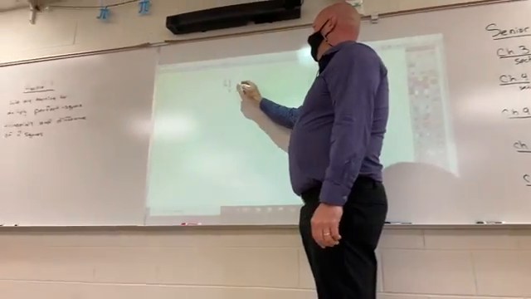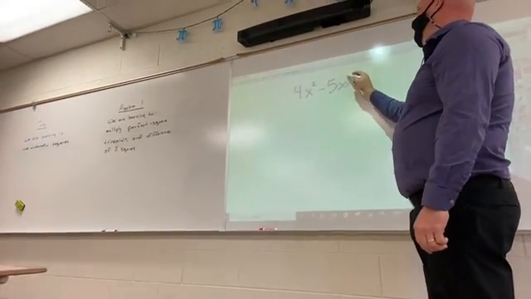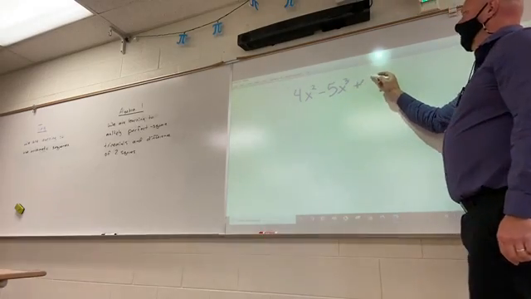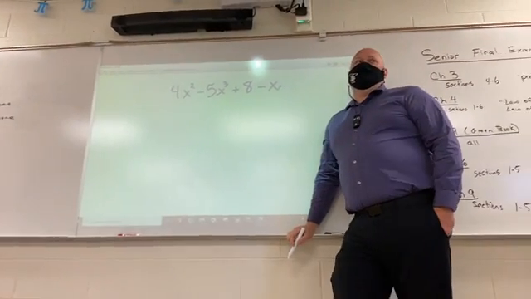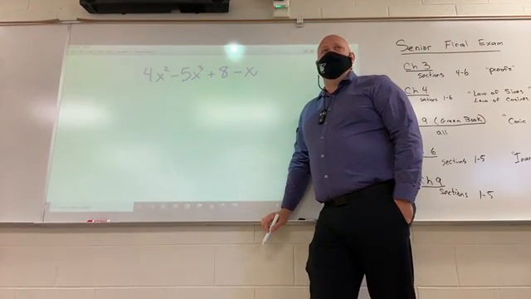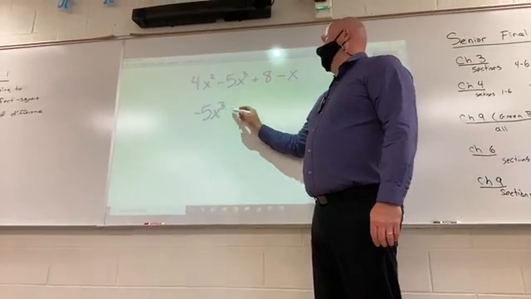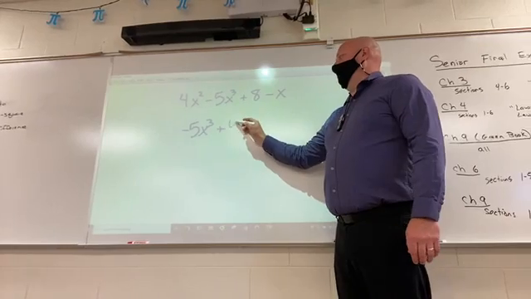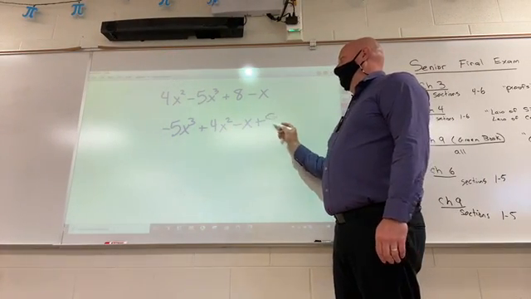What if I said put that in standard form, what should come first? The negative 5x to the third should come first. Then the 4x squared. Then the x. And then the 8.